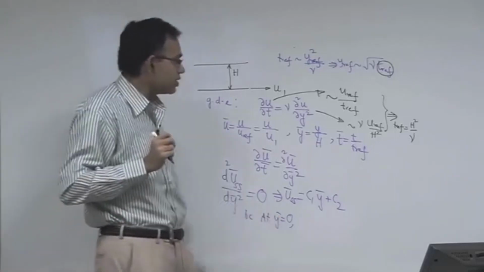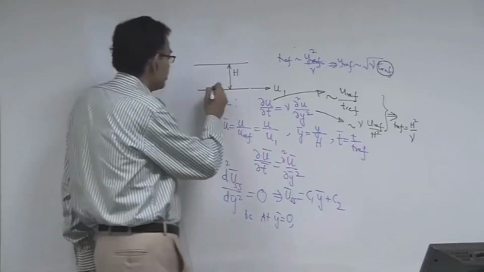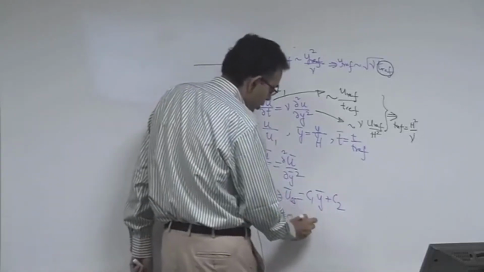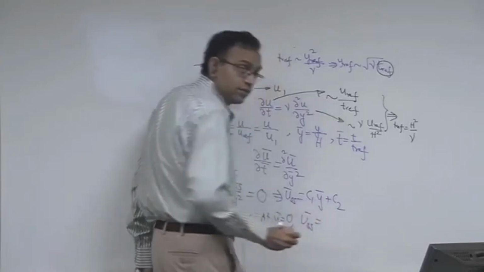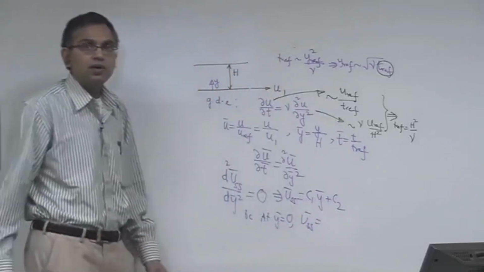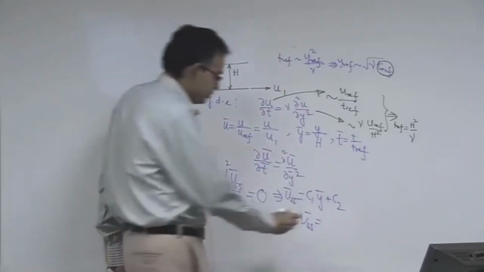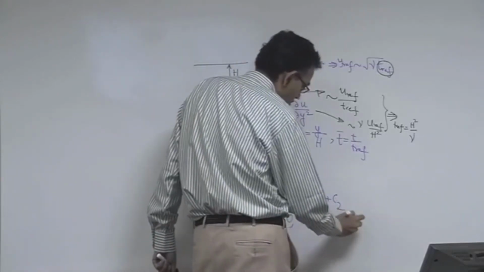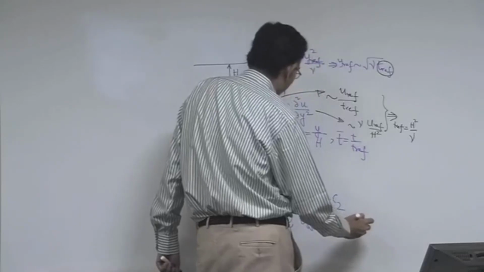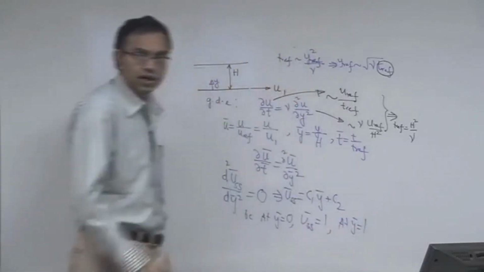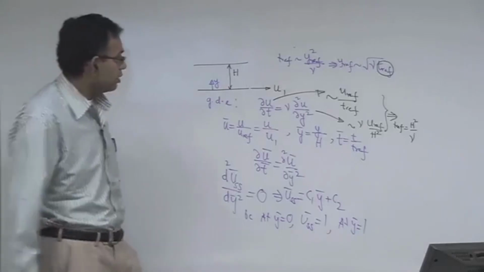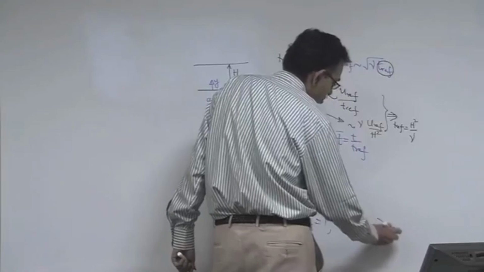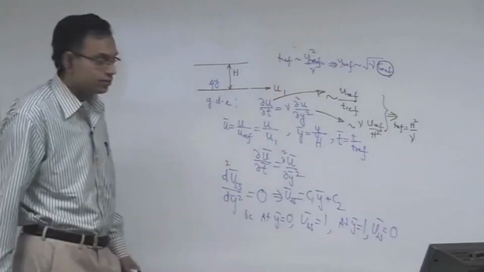So, at y equal to 0, what is the boundary condition? This is your y axis, USS equal to, what is the boundary condition at y equal to 0? This is 1, and at non-dimensional y equal to 1, what is u? 0. This is no slip, both are no slip boundary conditions.